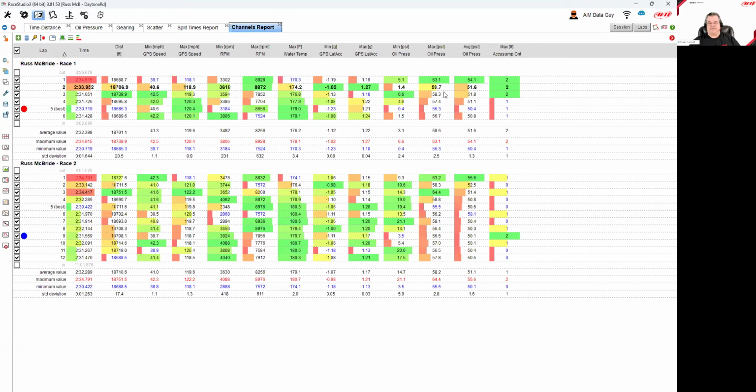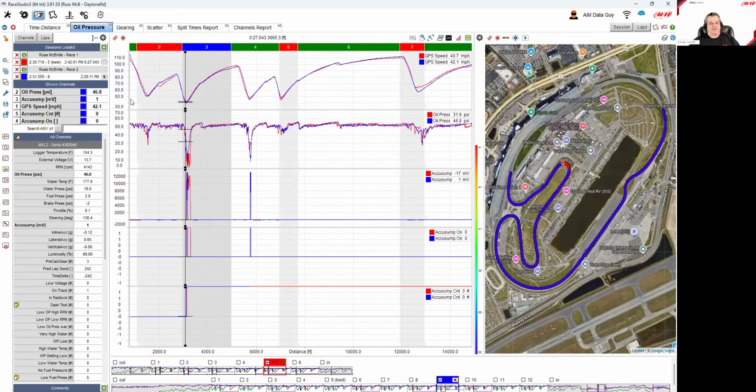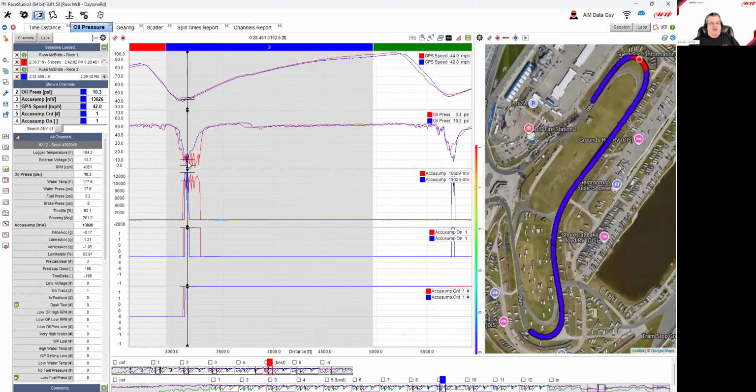Right now, you can come in and take a look at the minimum oil pressures and see what the adding of the 1 quart of oil did for it for the second day, and the numbers here right in the data. We could go into the oil pressure graph, and then the two best laps of the day. We can see the differences here, and understand what the oil pressure losses look like.